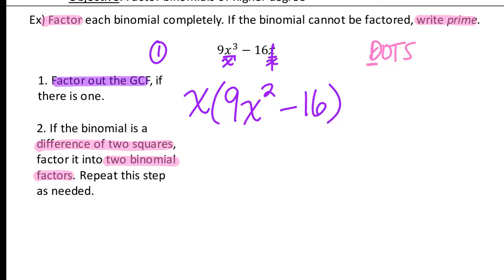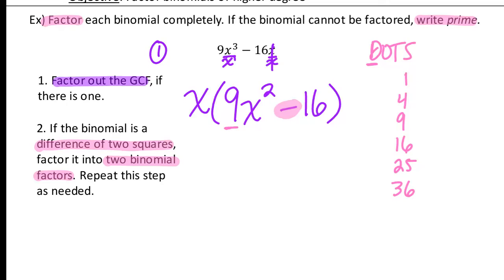Do I have a subtraction in between my binomial there? That's a subtraction. So then I want to check, do I have 2 perfect squares? Look at your multiplication chart in the front if you don't know your perfect squares. 1 squared is 1, 2 squared is 4, 3 squared is 9, 4 squared is 16, 25, 36, and so forth. So you want to check, are your 2 terms in that list?